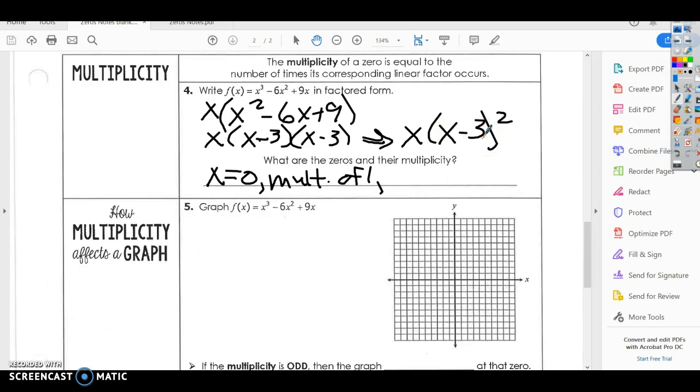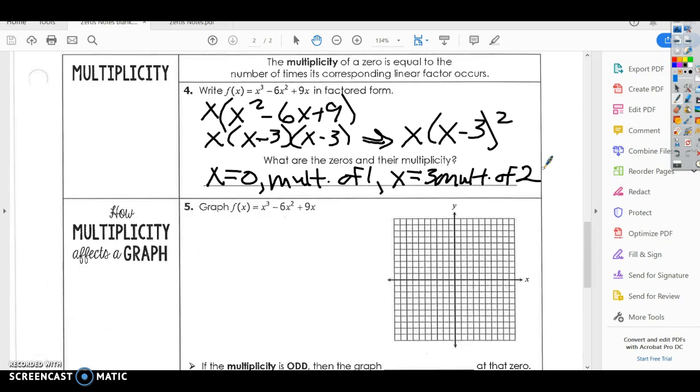If we set that equal to 0 and solve, we add 3 to both sides, so we have x equals 3. And that occurs twice, so multiplicity of 2. Again, multiplicity is basically how many times the zeros occur. Hopefully that's not too bad.